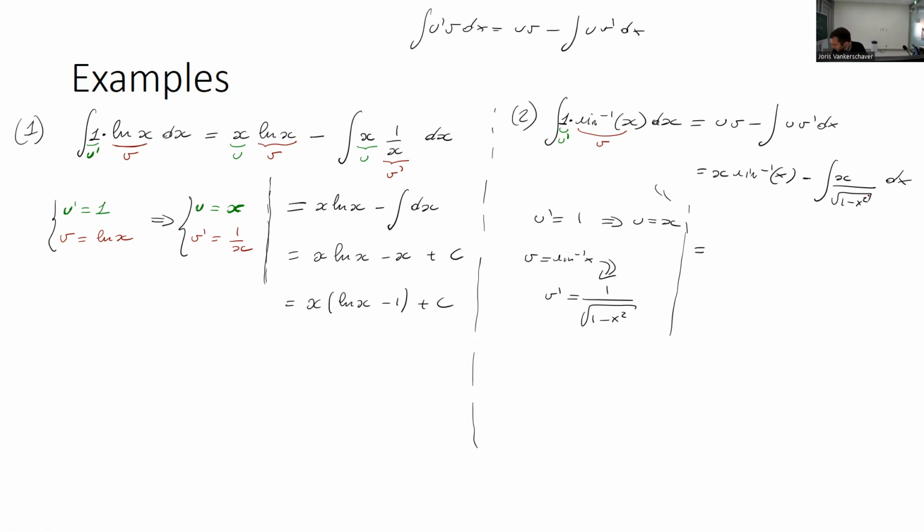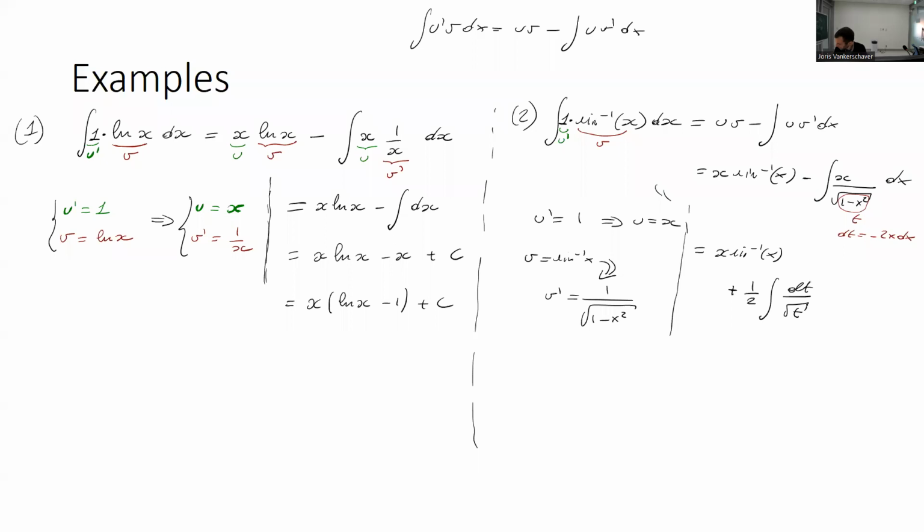What I have underneath the square root, I'm going to call that t, and therefore dt is going to be minus 2x dx. Now if we write this out, we get x sine inverse of x minus, or plus, if I combine with the minus from here, 1/2 dt divided by the square root of t.